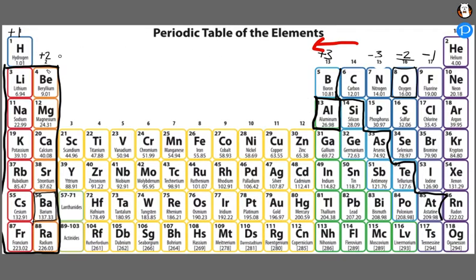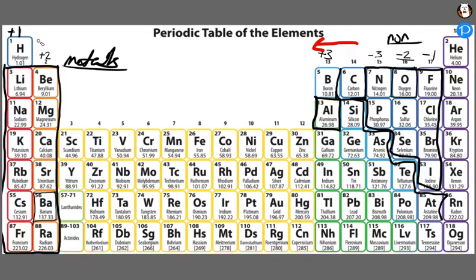So we've got the metals over here, which are these two columns and aluminum. And our non-metals are all of these guys. We're going to leave carbon out of it. Carbon is a non-metal, but we're only dealing with these simple compounds here. So non-metals over here, metals over here. And then also you should have on your periodic table these charges.